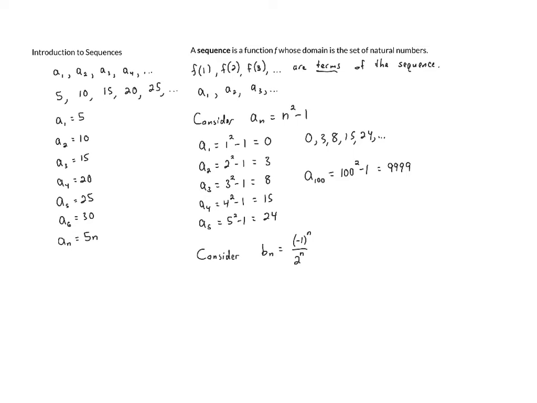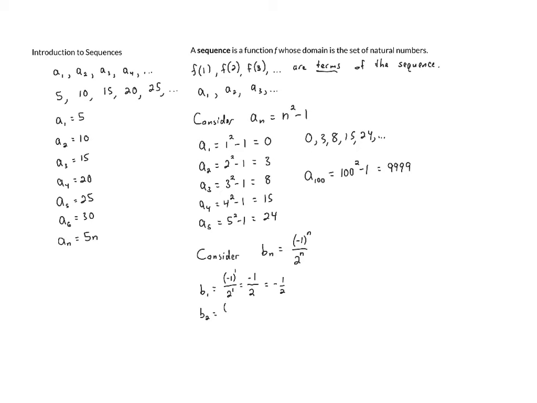Just like the last one, let's evaluate the first 5 elements so we can see what this sequence looks like. b sub 1 is going to be -1 to the first power over 2 to the first. -1 to the first is just -1, so we've got -1 over 2, which we will write more commonly as -1/2.